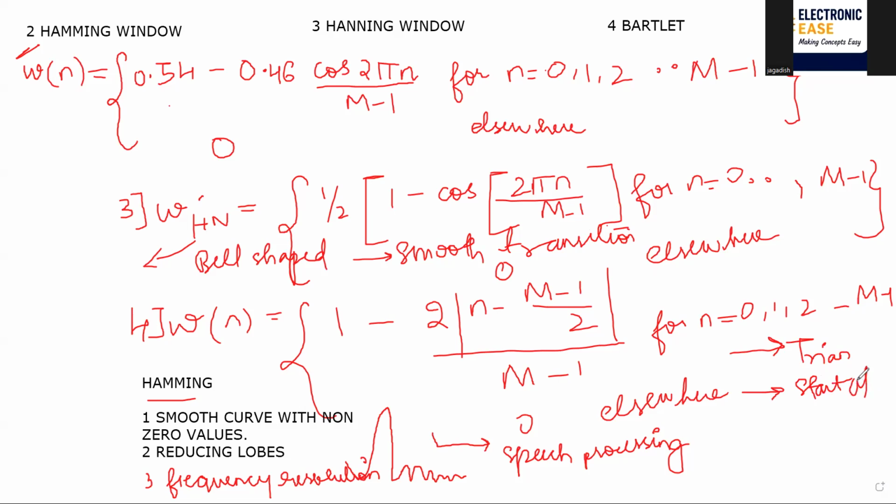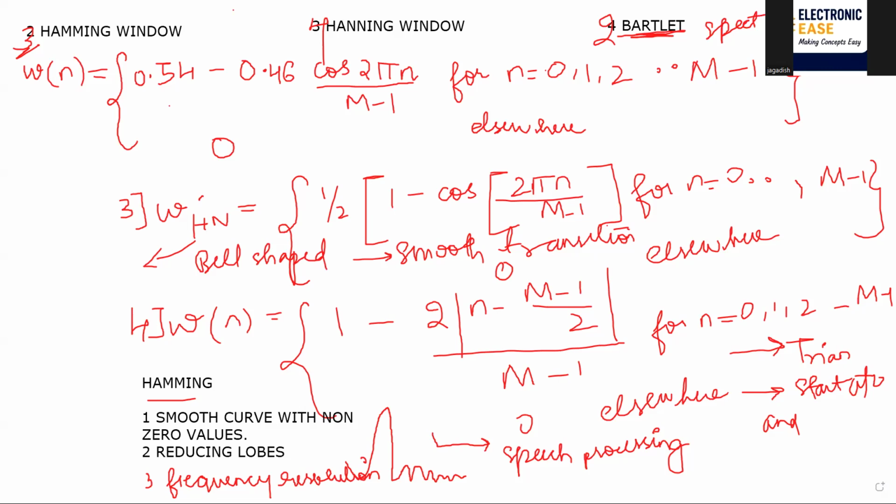It is less effective than the Hamming and Hanning windows. Actually, Bartlett comes second and Hamming and Hanning third, but I have changed it here. Bartlett is less effective as compared to Hamming and Hanning because the spectral efficiency of Bartlett is very low.